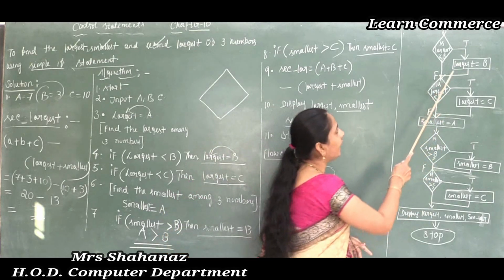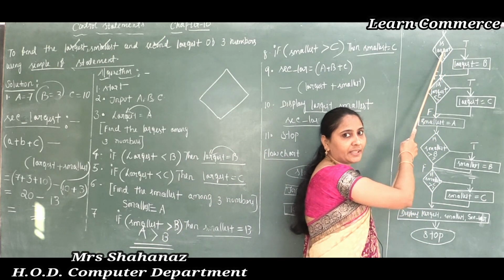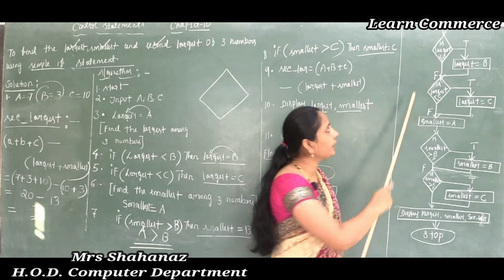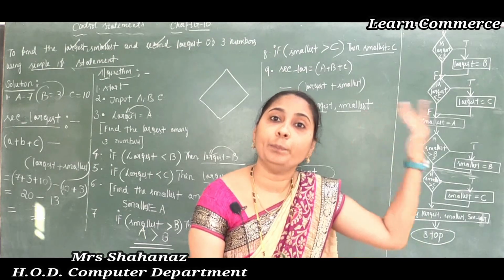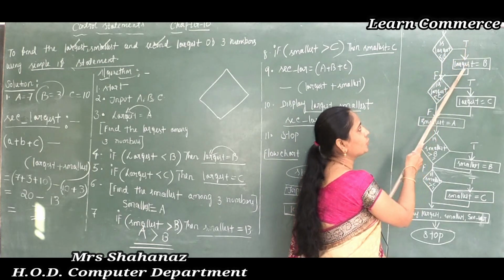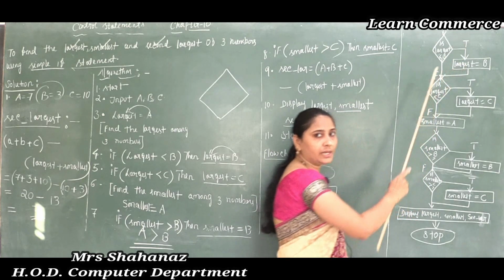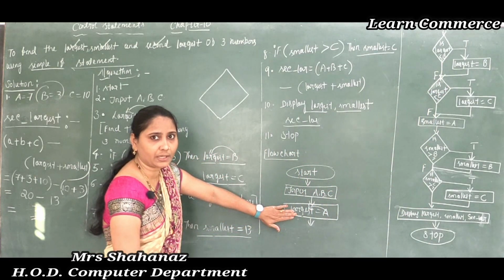So if the condition is true, okay, you should imagine it yourself what I am going to tell here. I am telling here the largest value is less than B value. If the condition is true, then largest value is equal to B. Understood? So up to here the largest value was only an assumption.